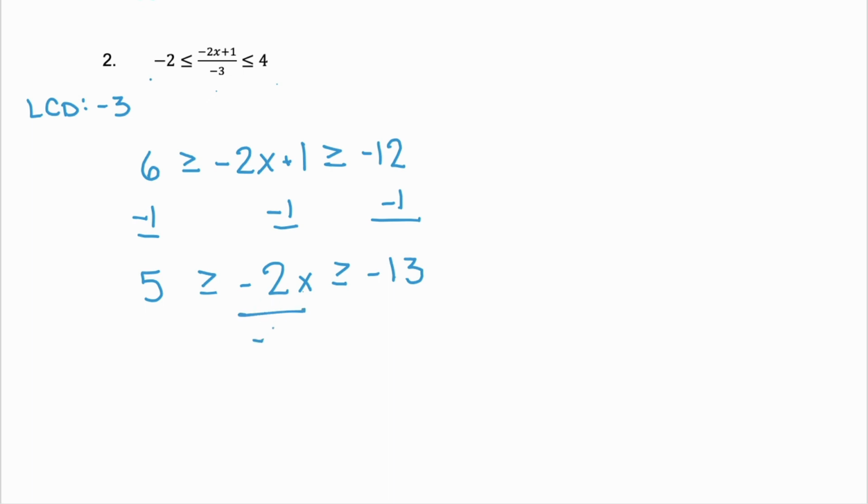So we need to divide by -2 in all 3 parts. Again, multiplying or dividing by negative, let's flip those inequalities. Middle, we're left with x. On the left, we get -5 halves. And on the right, we have a negative divided by a negative. That becomes positive. And we have 13 halves.